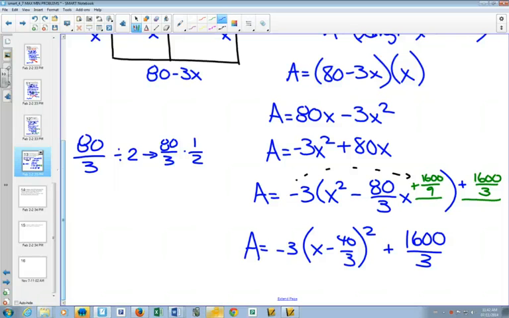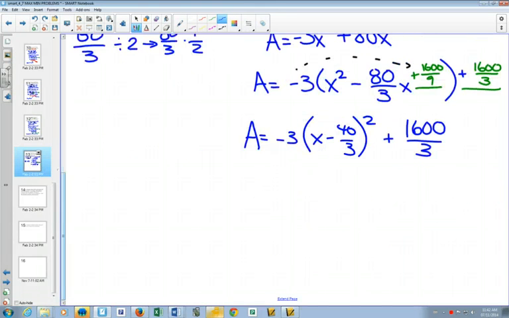So our vertex, 40 over 3. It's much easier to take that fraction and then change it to a decimal after than it is to take decimals and do the math with, especially ones that repeat forever.